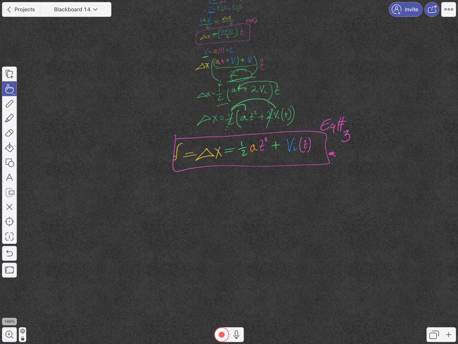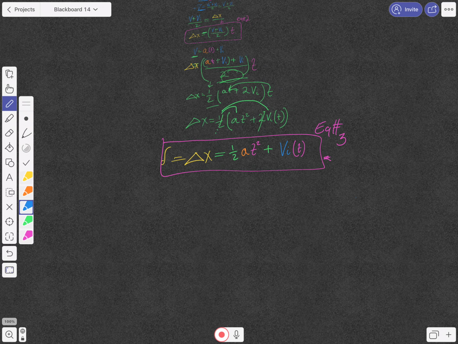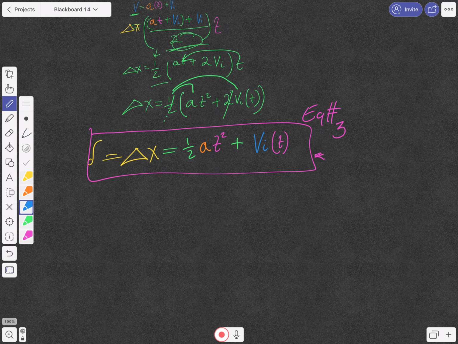I'm just going to rewrite it. So our first equation is v is equal to a t plus v initial.